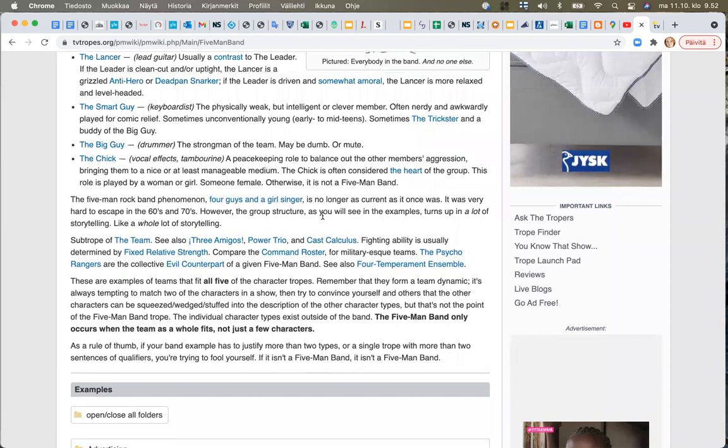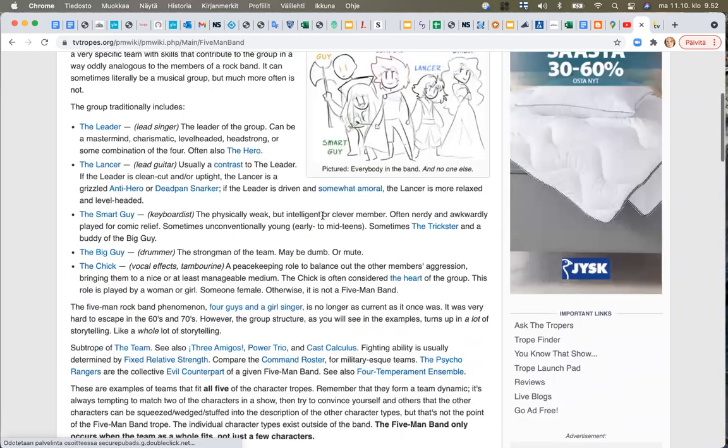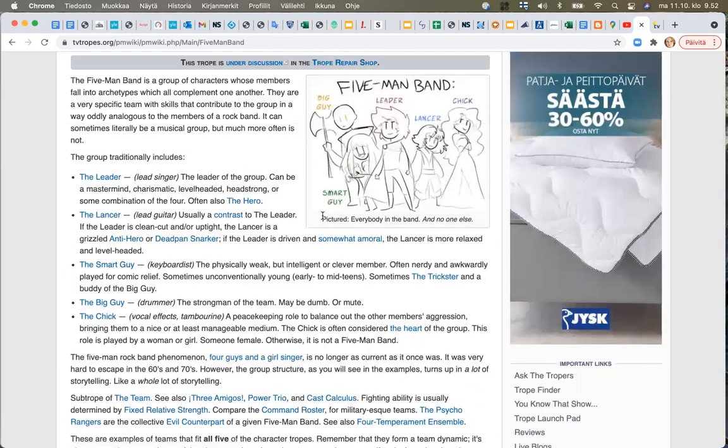So in general, I think it's better to just think about that if you have 5 characters, then these characters should be different enough from each other that your players or readers or audience can remember them, so that they don't think that, okay, who is this? I don't remember this guy. Let's see some examples.